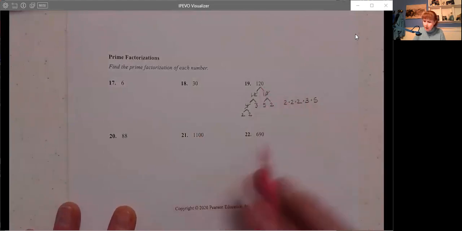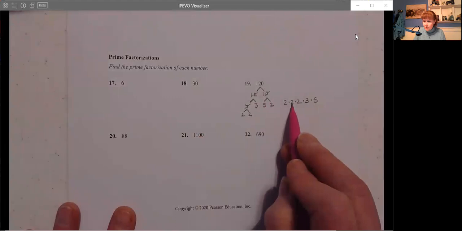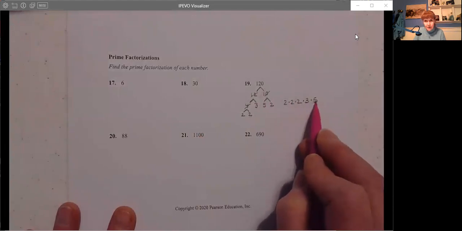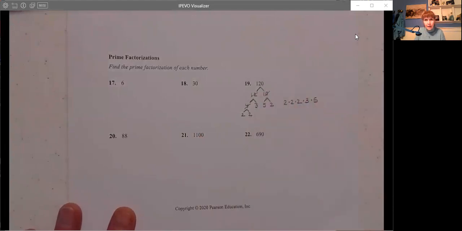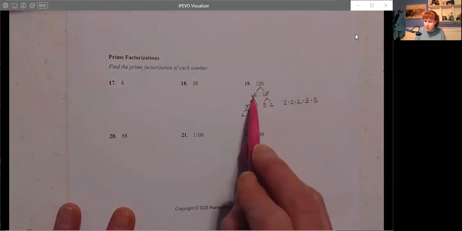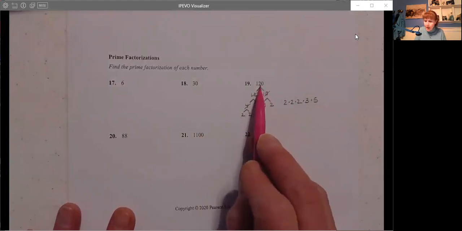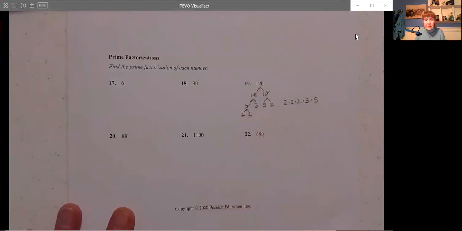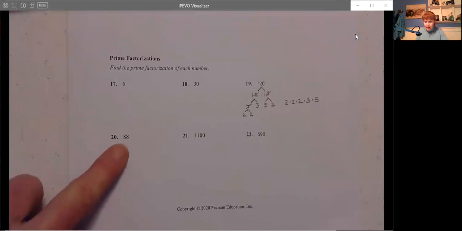So you can check it on your calculator. Take 2 times 2 times 2 times 3 times 5, and you've got 120. So you just start out with any two that you know multiplied together, and then start breaking those down individually. Looking at this one right here, or either one.